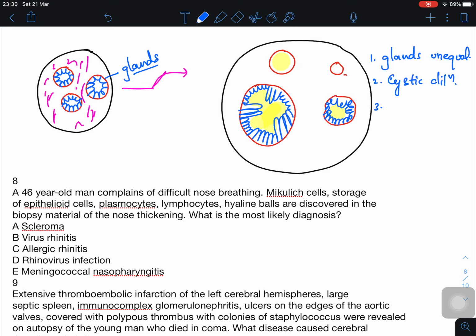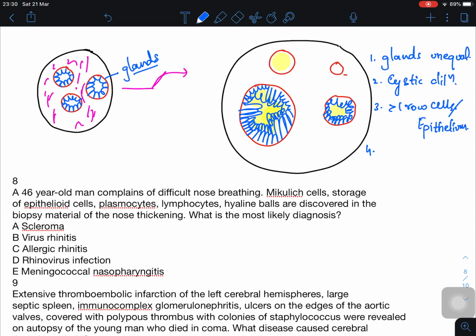And third thing, another important thing I forgot, is these cells are single row, right? But actually these cells are not single row, these cells are double row cells. Sometimes multi-row cells are also present. So more than one row of cells, or I can also call it multi-row epithelium.